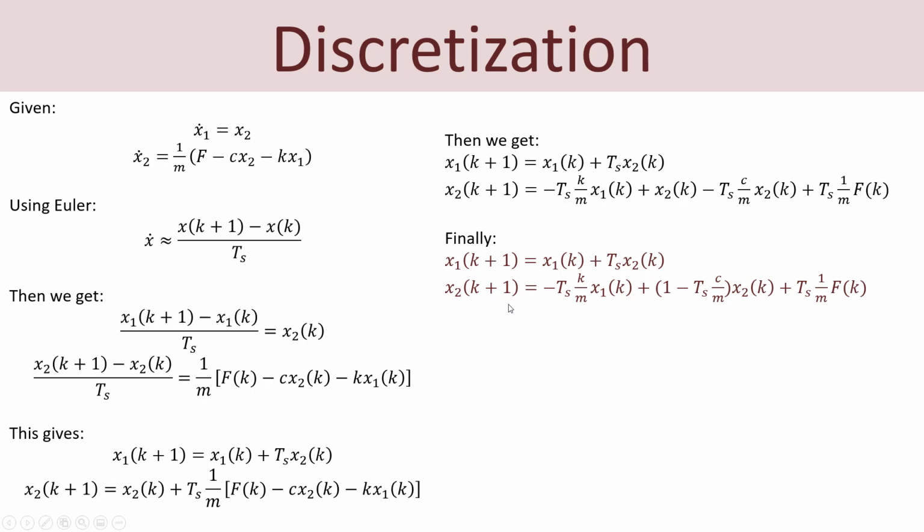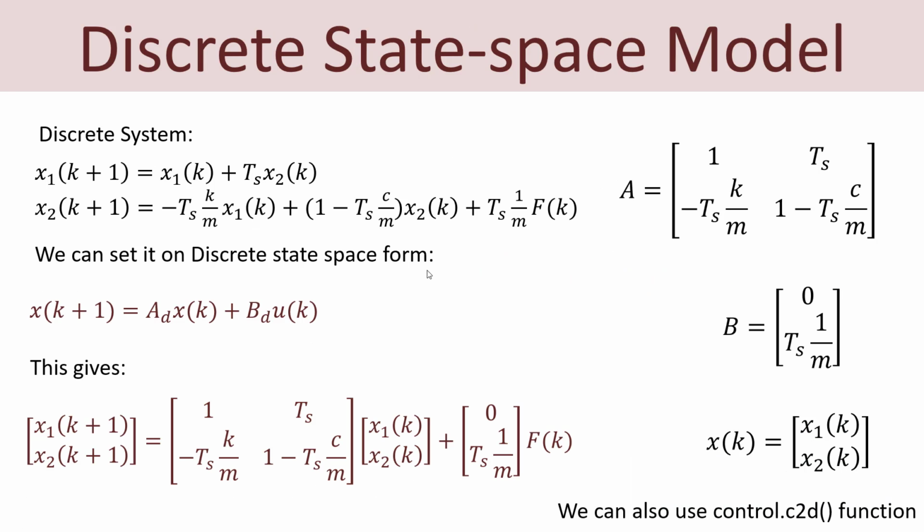So these are the 2 discrete versions of these differential equations that we are going to implement using Python. We can also set this discrete system on a discrete state space form. So we have these two discrete differential equations, and then we can set them on the following discrete state space form.